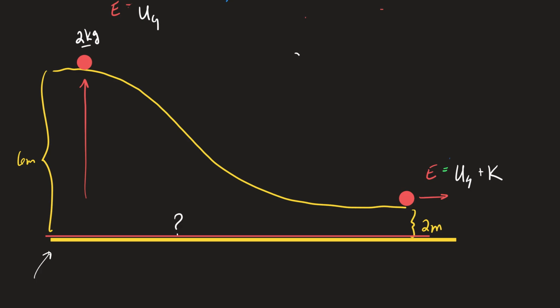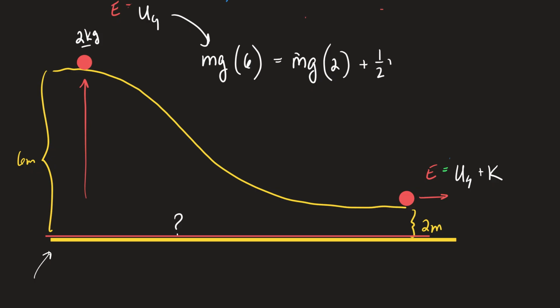All right. At the top, we have mg(h minus h naught), which is 6. Is that okay with you guys? That's at the top. At the bottom, we have mg, this time h minus h naught is what? 2, plus 1/2 mv squared.